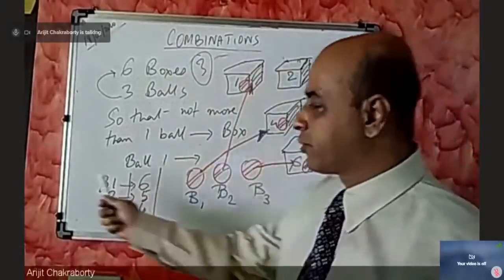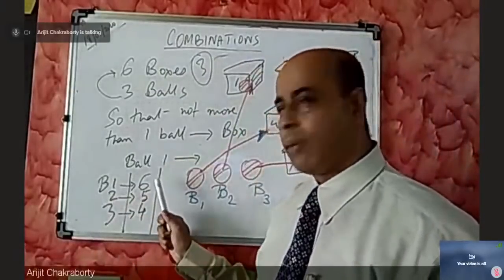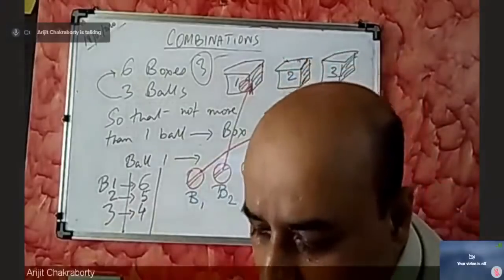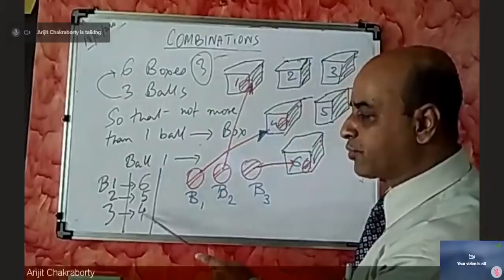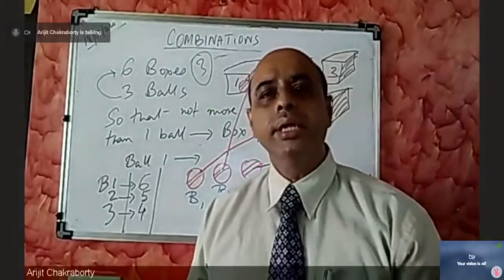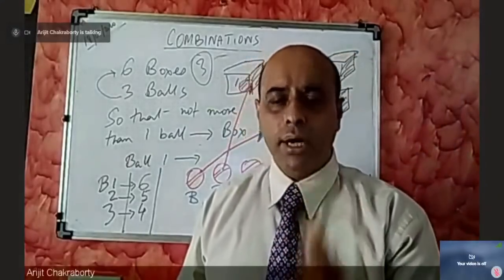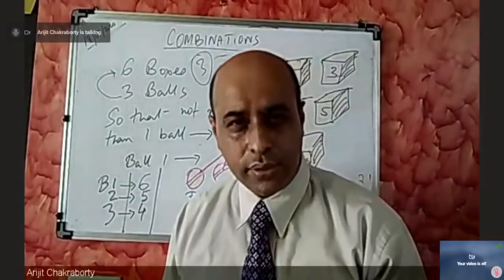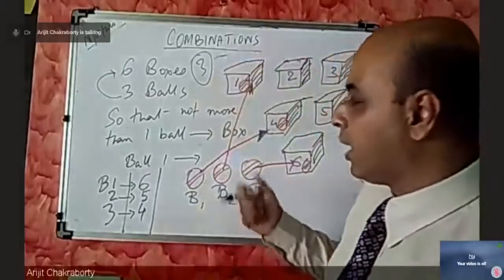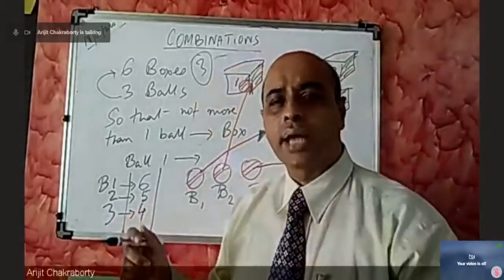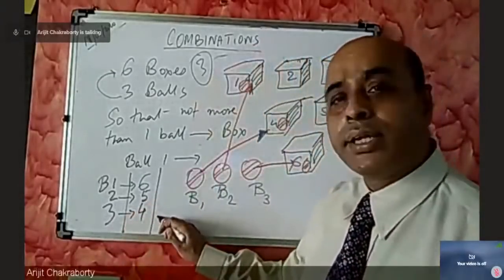That means throwing of ball number 1, ball number 2 and ball number 3 are 3 separate events, but they are linked with each other, and therefore, I hope you now understand, we apply the multiplication rule.